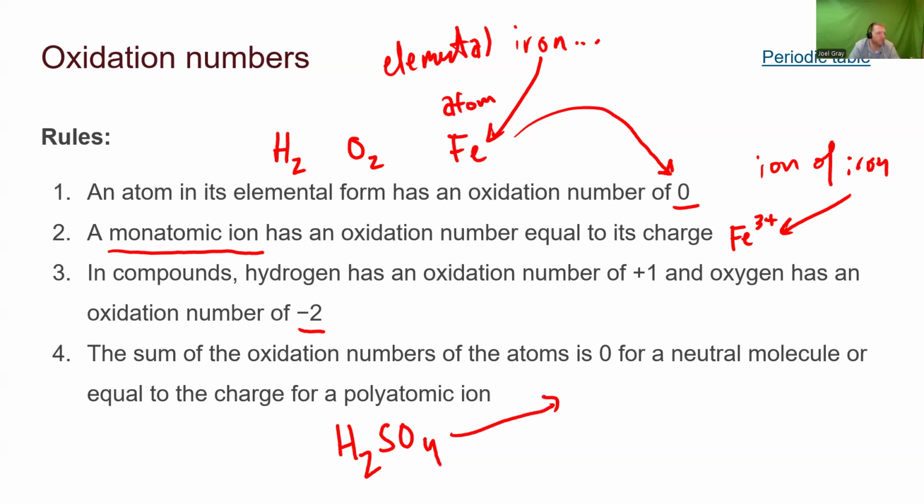Now, this is important because what if I asked you the question, what is the charge of sulfur in this specific compound? Well, that's kind of tough. It's a little tough, but it's kind of just a math problem. What is the charge of hydrogen? That's +1. How many are there? There's 2. So we multiply the charge by the number of them that there are. So hydrogen gives a +2 charge.